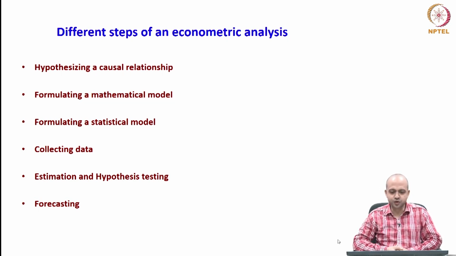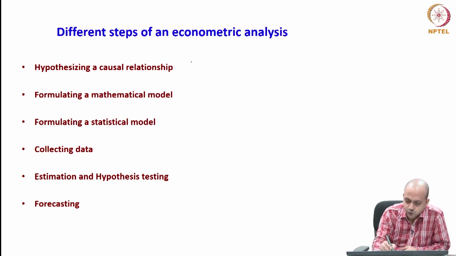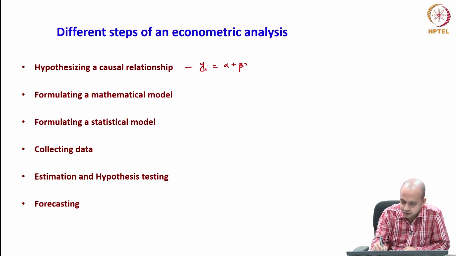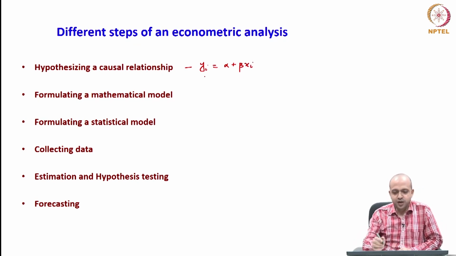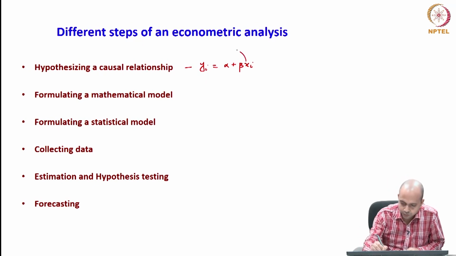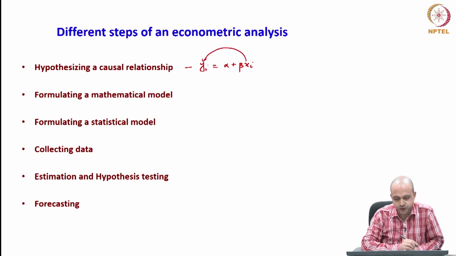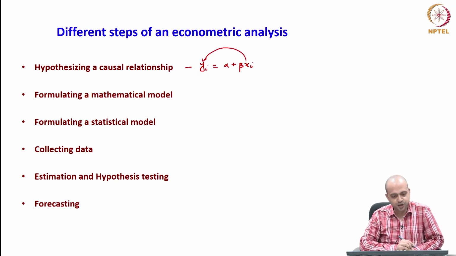When we say y_i equals alpha plus beta x_i, y is consumption and x is income. So, it is basically income causing consumption. That is the kind of hypothesis we are making, right.